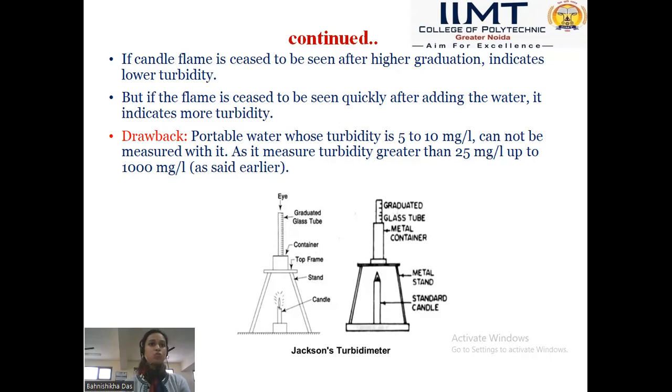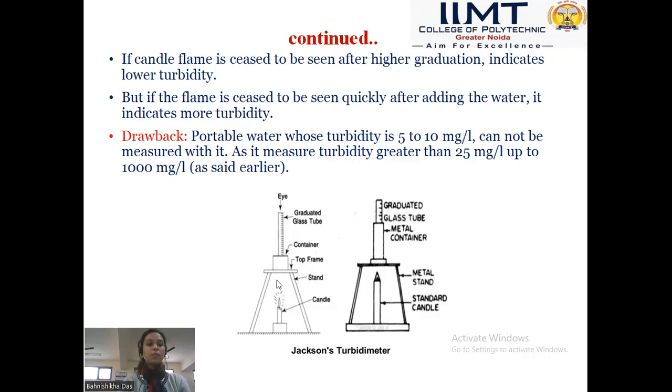This measurement is based on the principle of scattering of light. When we add water into the graduated glass tube, the candle flame is observed at first, but on adding more turbid water, the candle's flame ceases to be observed.